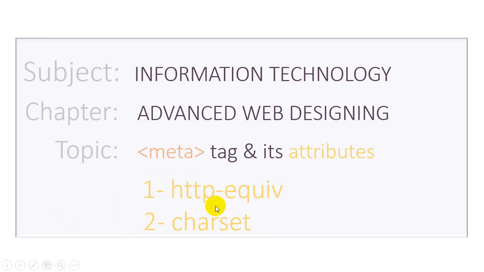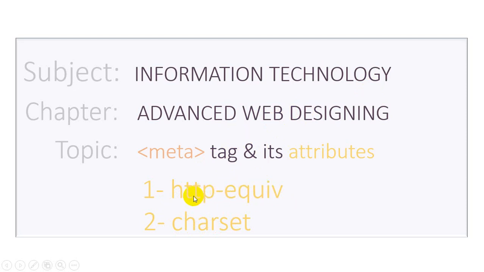Let me explain a little bit about HTTP equivalent, or equiv, and charset, then we will start practically, so you will get a clear picture of what I am talking about and what the use of this attribute is. HTTP equiv is an attribute, or you can say a keyword.